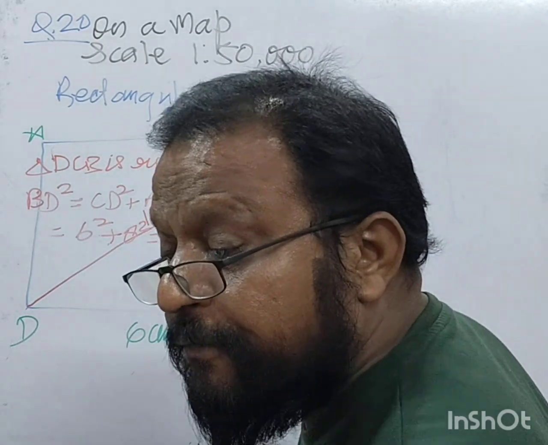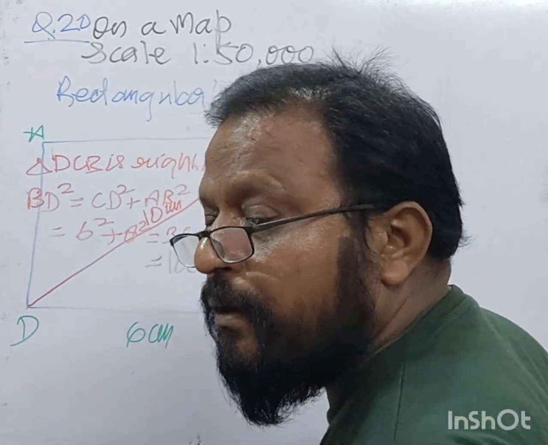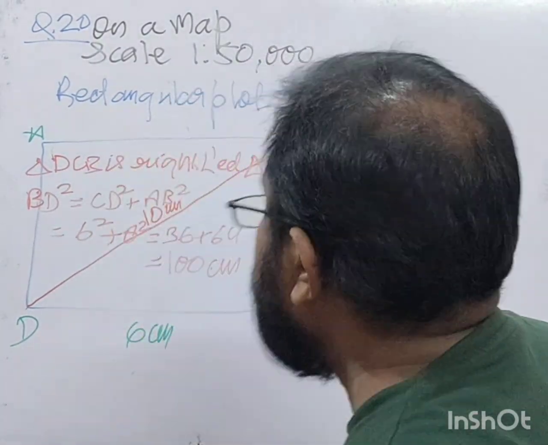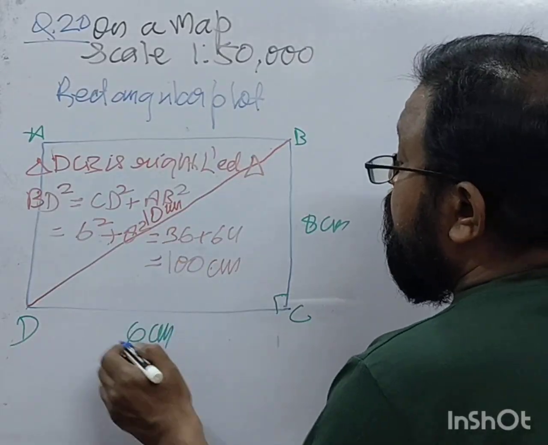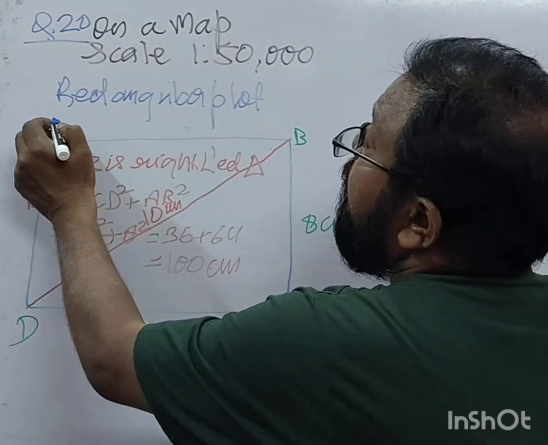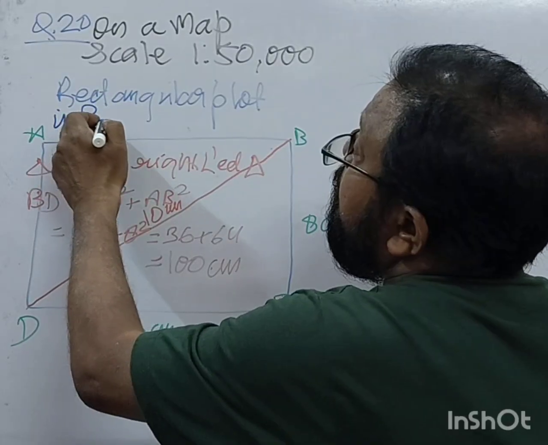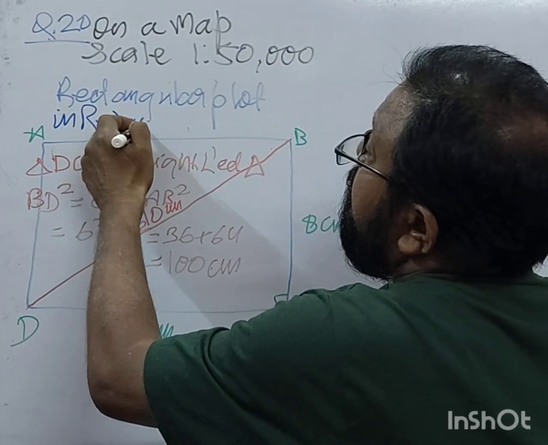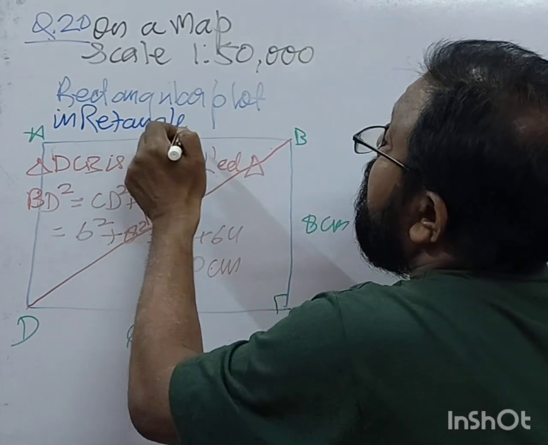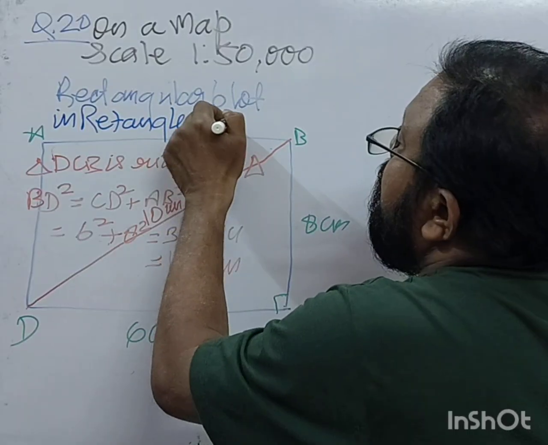So now, you told that in a rectangle diagonals are equal.